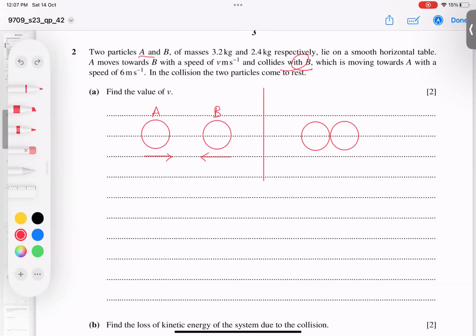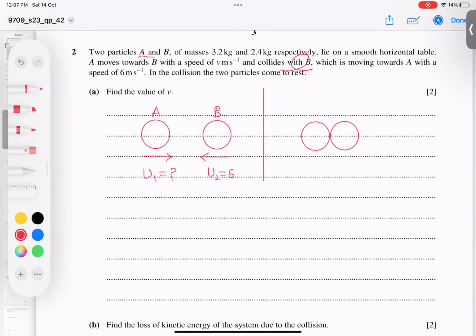So I repeat, B collides while moving towards A with the speed. This 6 is the speed of the B particle. This is very, very clear. So I'm writing here U2 is 6, and U1 we don't know.